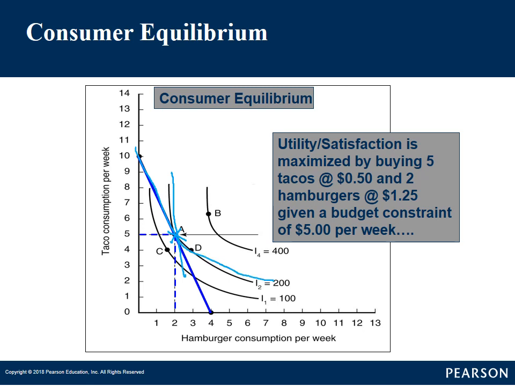In this case, the satisfaction would be maximized by purchasing 5 tacos if we run our point across, and 2 hamburgers, staying within the budget of $5 per week.